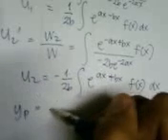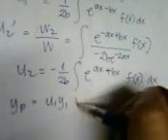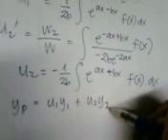So now yp is equal to u1 times y1 plus u2 times y2.